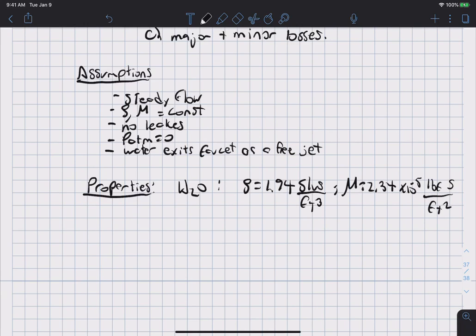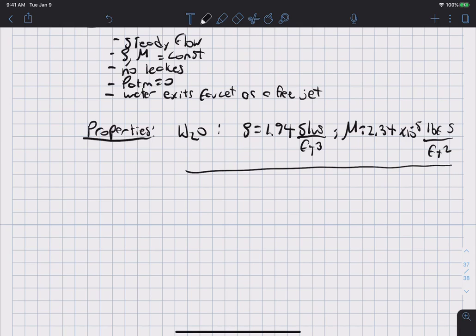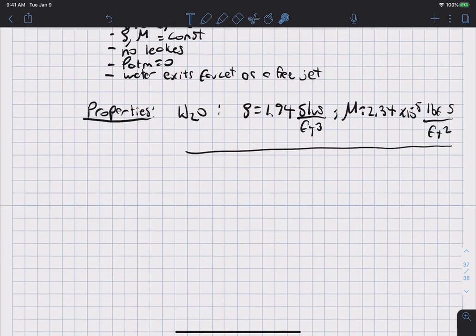Okay, and so we know those for our properties. We got those from the back of the book. And so the solution to this, based on our assumptions, we've assumed steady flow. It's incompressible because rho is constant, and then also mu is constant. So we can use the energy equation with the head loss form that I derived in the previous lecture.